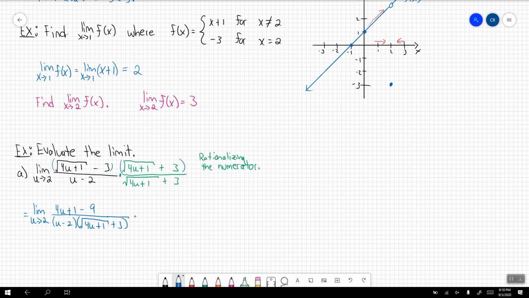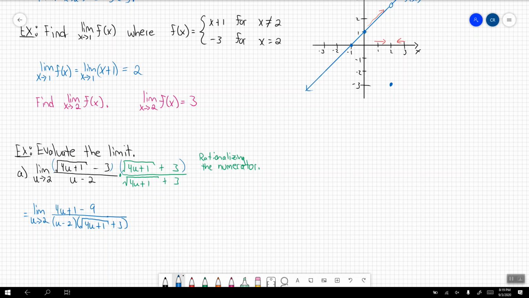Notice I'm not multiplying my denominator. It's typical for this process that you try not to multiply and distribute. Instead, you just want to show that you're multiplying and leave it like this.